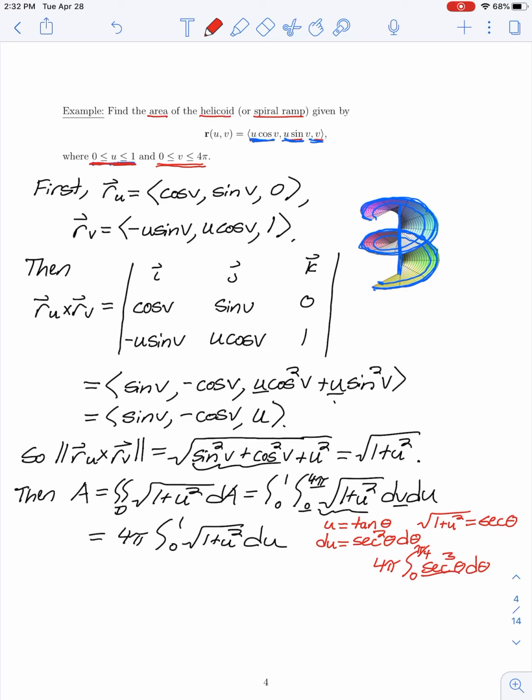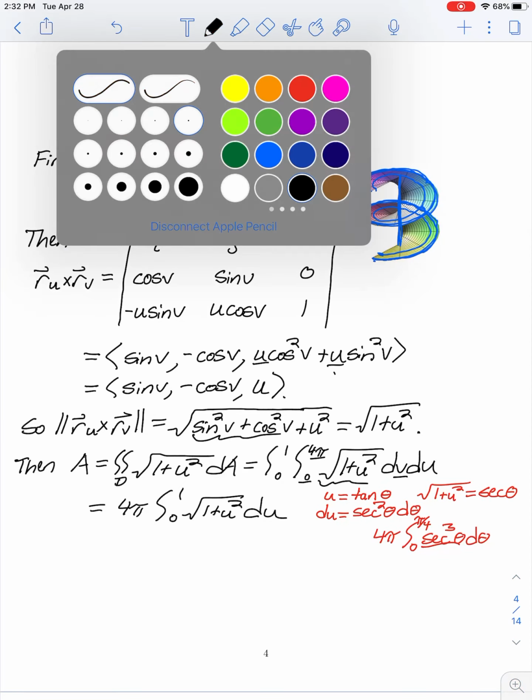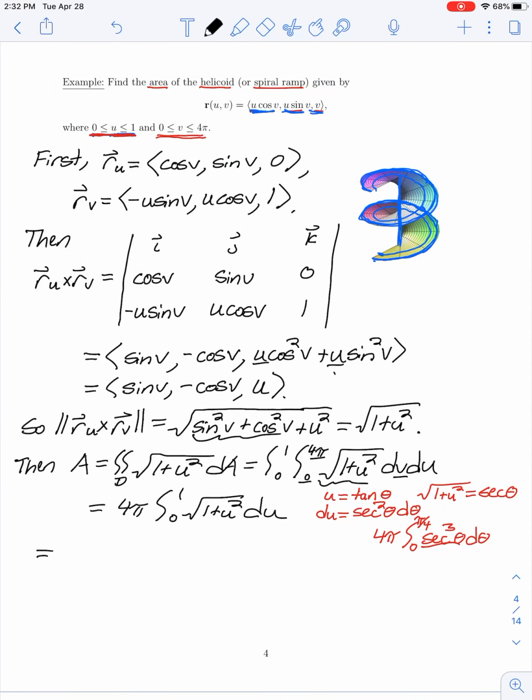To integrate secant cubed, you have to make use of integration by parts twice. You get a loop integral that's a little bit difficult to evaluate. So I won't go through the full detail of evaluating that antiderivative, but I will give you the antiderivative if you finish this out.